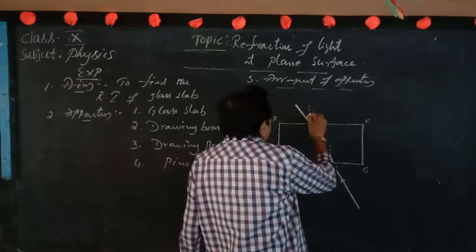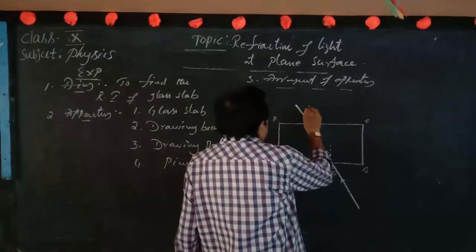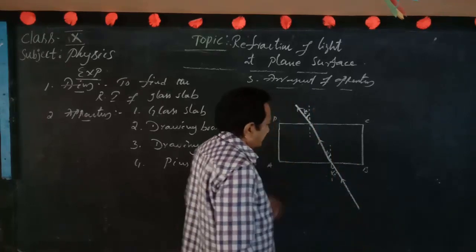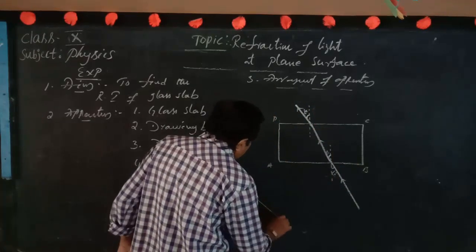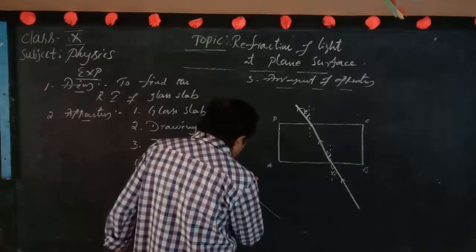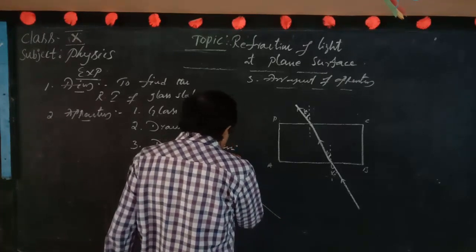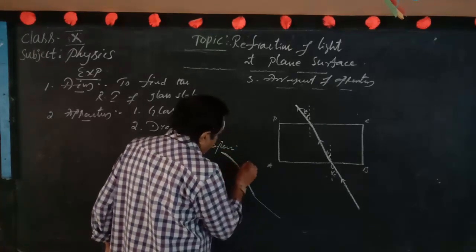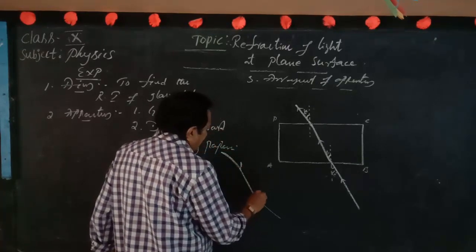This is the refracted ray. From there it emerges out again, and this is the emergent ray, with its angle of emergence.